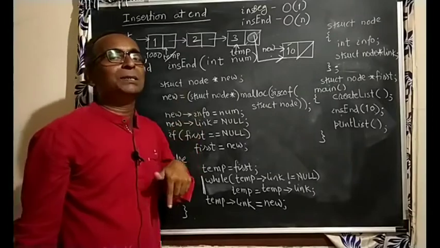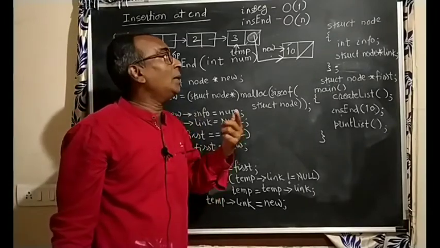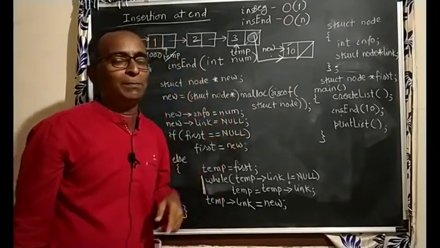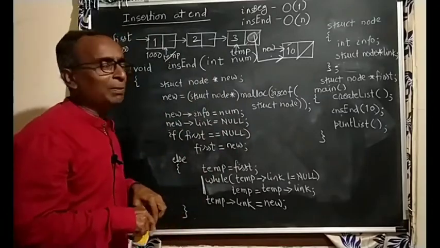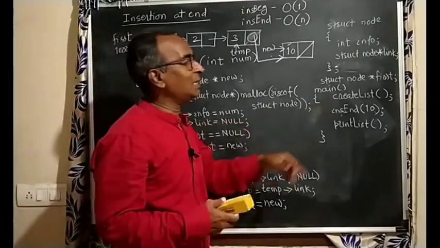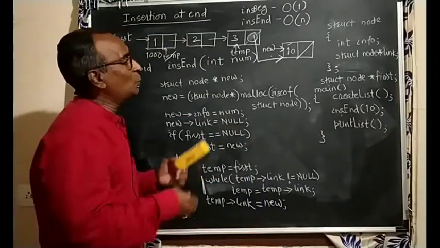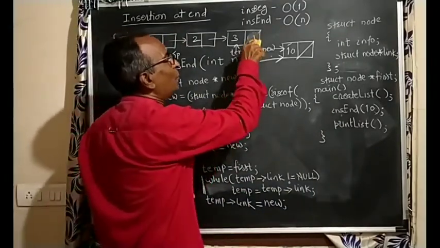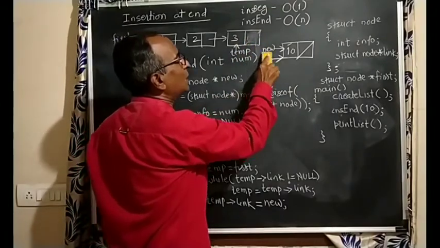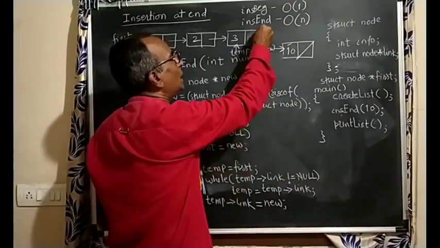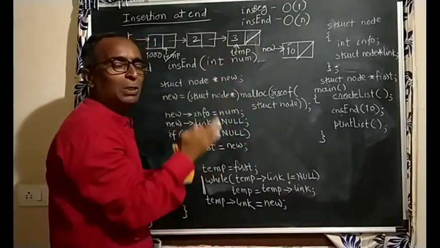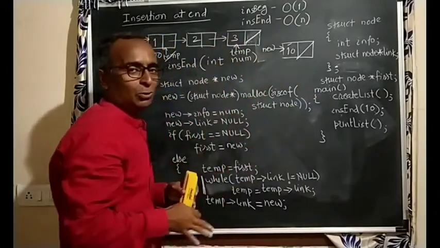How can insertion at end be made big O of 1? It's very simple. While creating the linked list, if you store last node's address, suppose before insertion you have this linked list, you already have last node's address in temp, you are setting that in create linked list also.